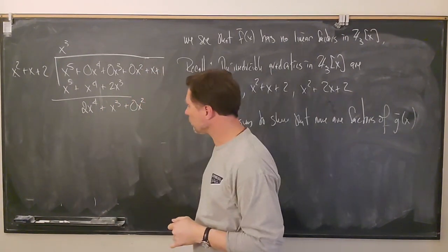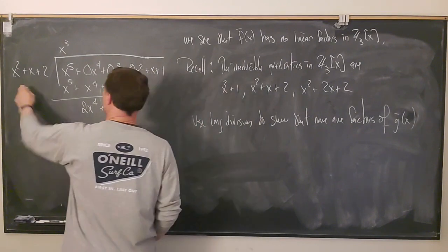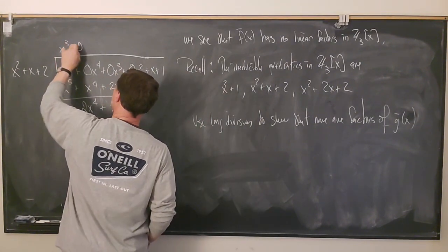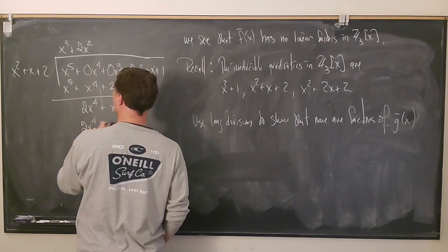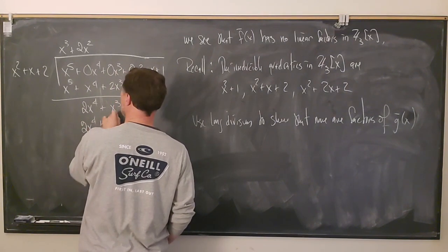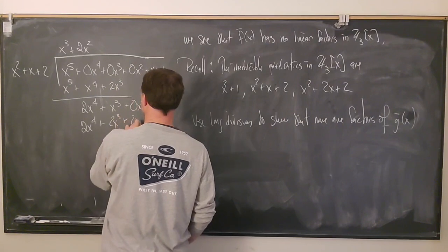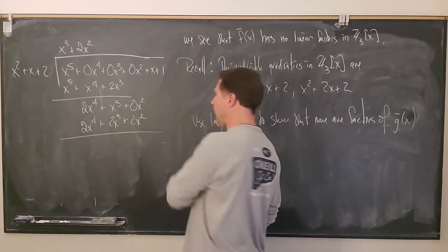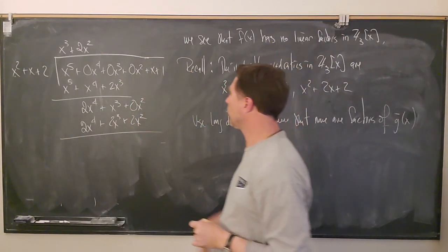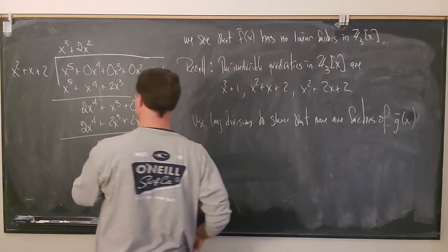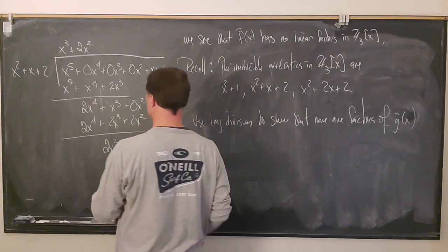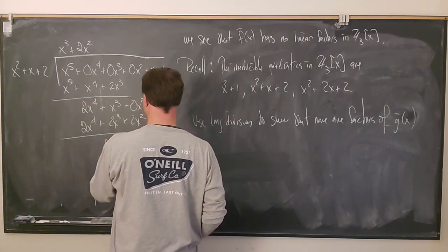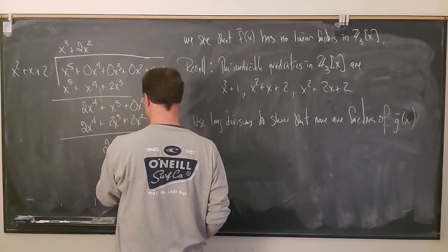X squared goes into 2x to the 4th 2x squared times, multiply it out, 2x to the fourth plus 2x cubed plus 2x squared, subtract. That will give us a negative x cubed, which is the same as 2x cubed, minus 2x squared, which is the same as plus x squared, and then we bring down the x.